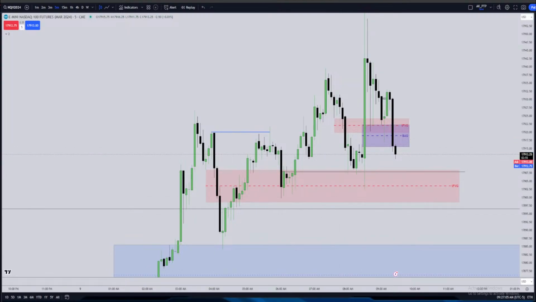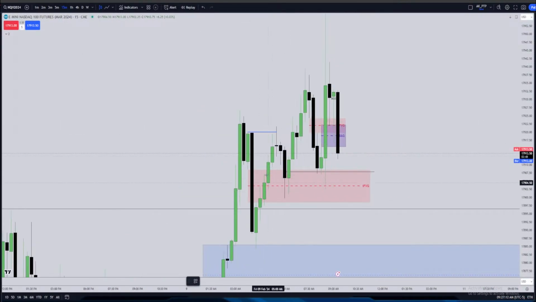Here. No. Sorry, not the 5, actually on the 15 minutes. You see this 15 minutes fair value gap. I was expecting this move to hold the price, but it didn't hold. So as a result, I took only a $220 loss on that specific trade, because it was a very short thing.